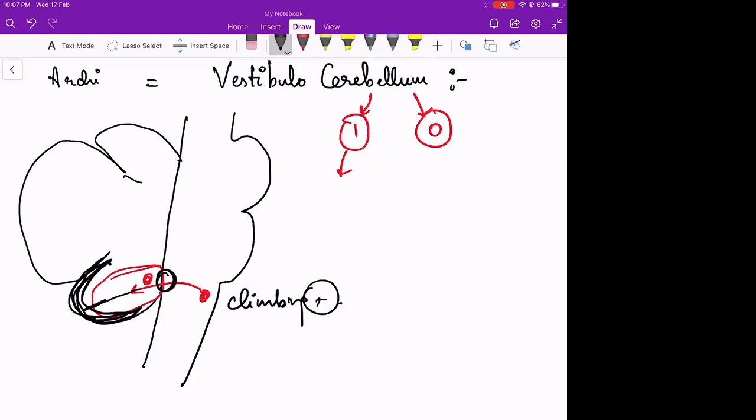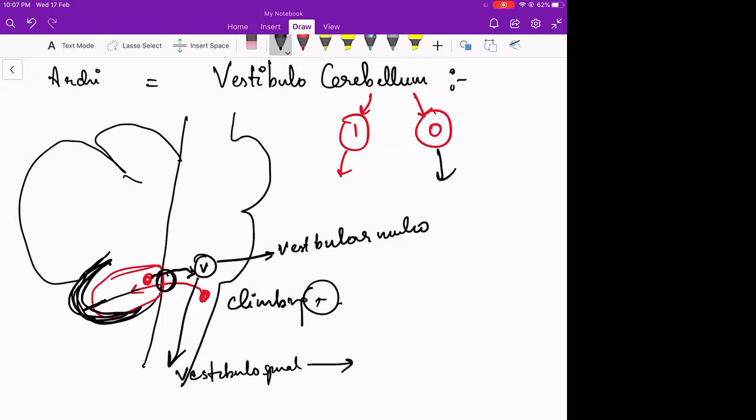The output fibers from the cerebellum are from the nuclei, and the fastigial nucleus will supply the vestibular nucleus, and this will go downwards as the vestibulospinal tract.